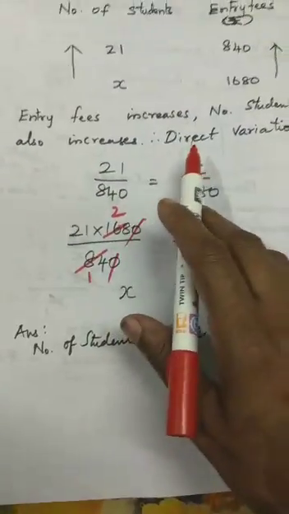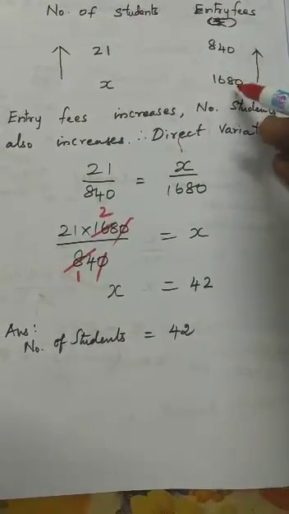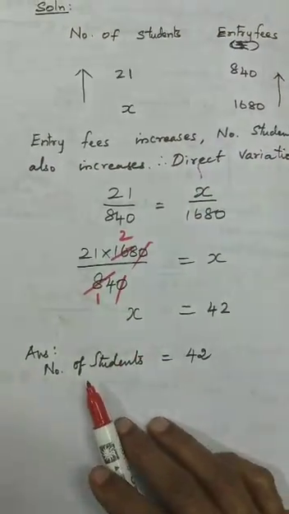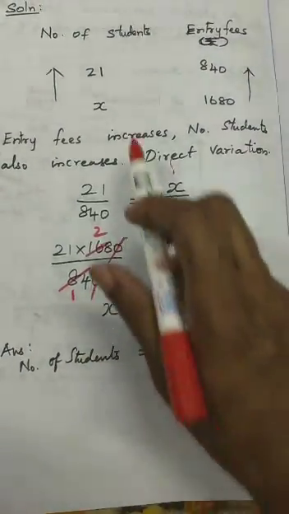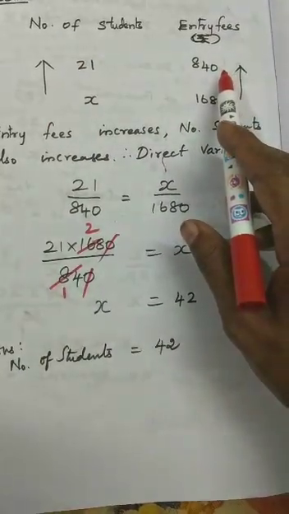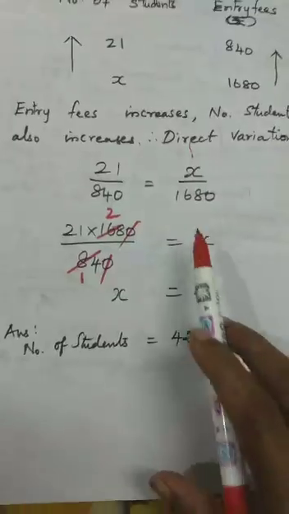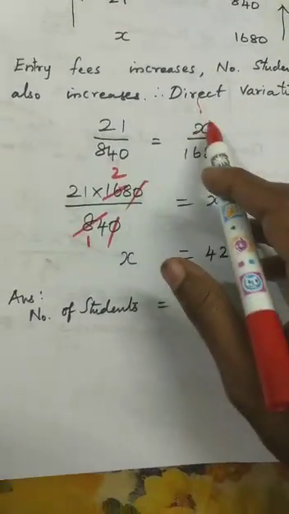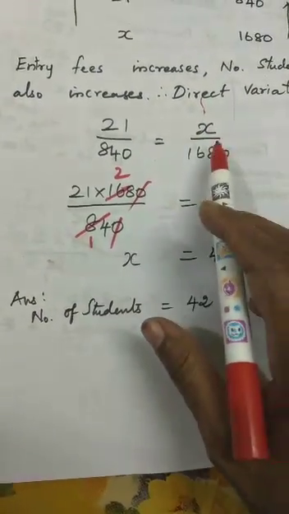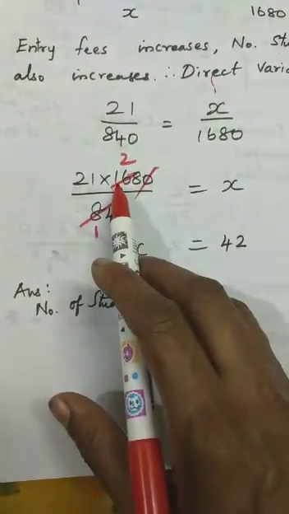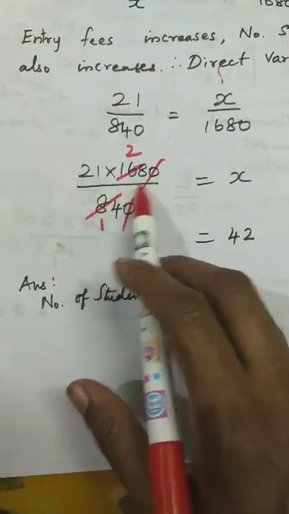Now entry fees increases. The students also increase. Direct variation. So 21 divided by 840 is equal to X by 1680. Now here in the numerator itself we have X. So you bring this 1680 to that side, then it will come to the numerator as multiplication.